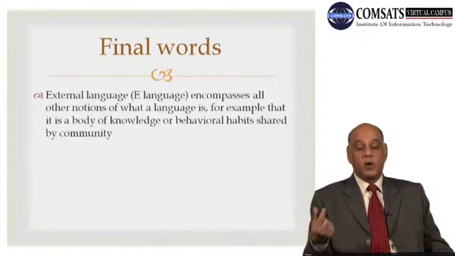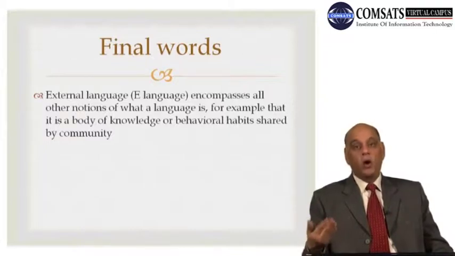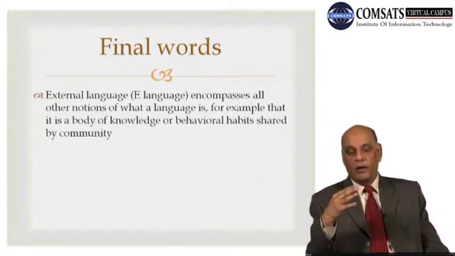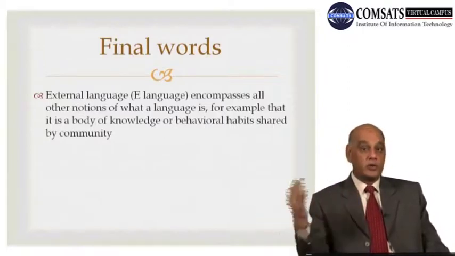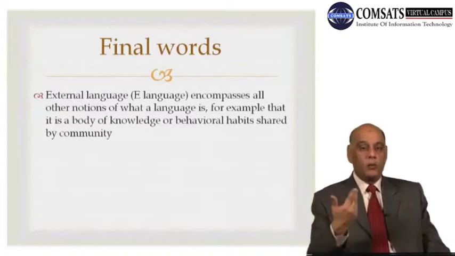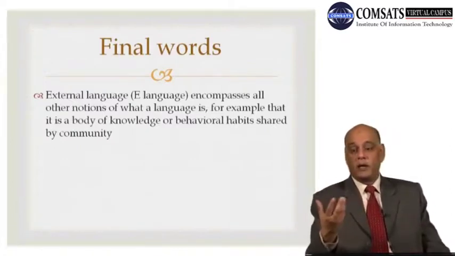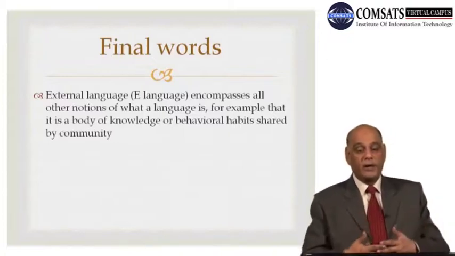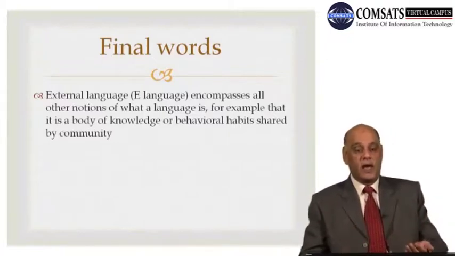For example, a body of knowledge or behavioral habits, how people behave, what language comes out, what language people hear in the society, what language people hear in the cultures around them, what languages people hear from the other people around them. That is basically the external language.